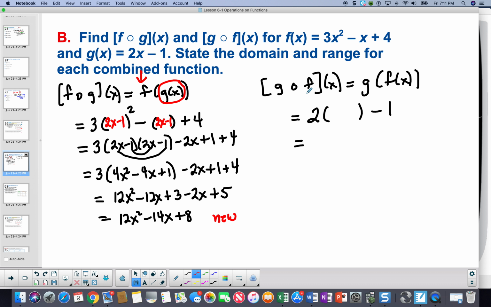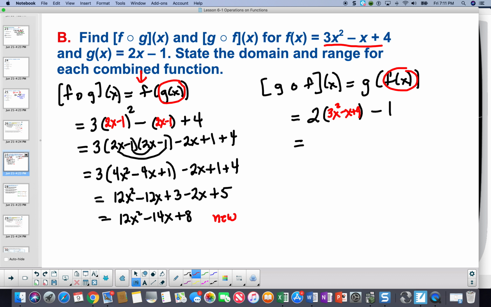Now let's go ahead and find g of f of x. So we're going to put this inside of g. So I take g and I outline it by putting parentheses everywhere there's an x. And then inside the parentheses, I am going to write what f of x is, which is 3x squared minus x plus 4.